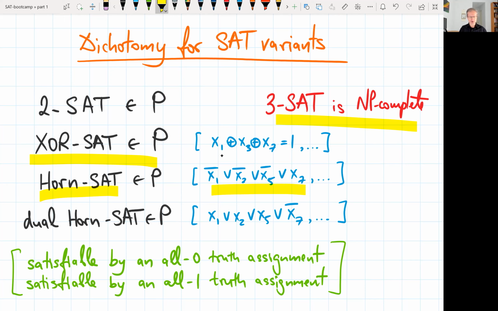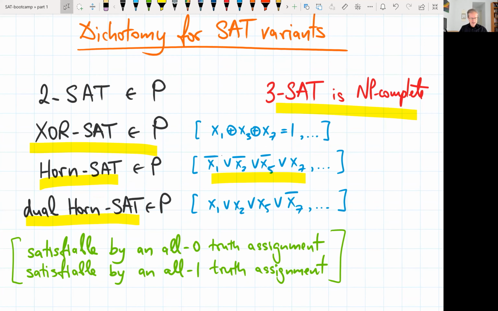Non-trivial algorithm, I won't go into that. And similarly, if we have so-called dual Horn clauses only, these are clauses which have at most one negative literal in them, then the conjunction of such clauses is a SAT instance which you can solve in polynomial time. There are also some trivial clauses, say satisfiable by the all-0 assignment or satisfiable by the all-1 assignment.